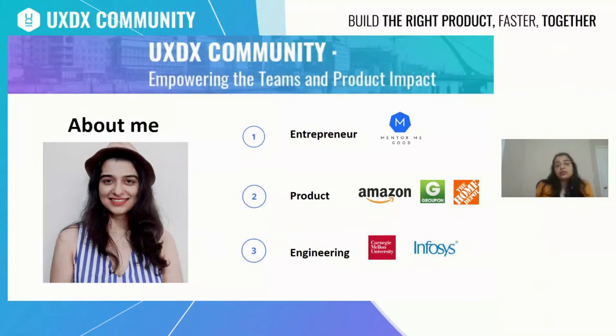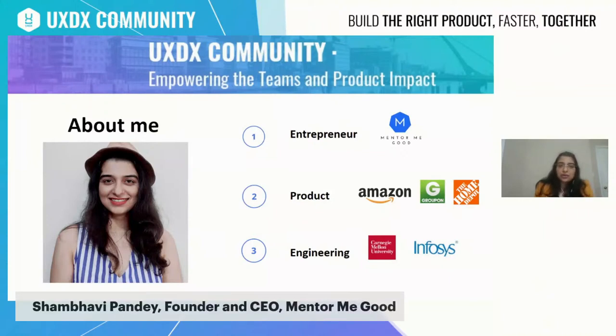Later, I also got into the B2B space, so I did some enterprise product management for Amazon Business customers. Currently, I'm running my own startup called Mentor Me Good, where I help people land their dream roles in big tech and other tech companies. Let's get into it.